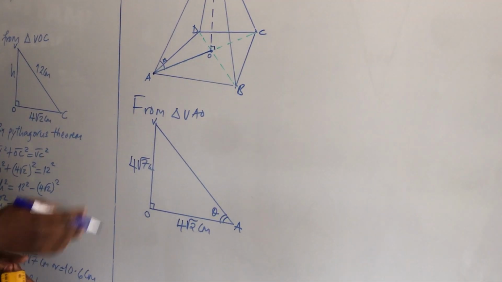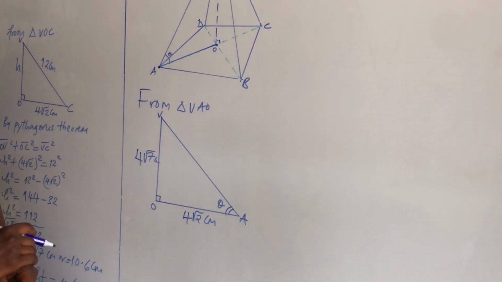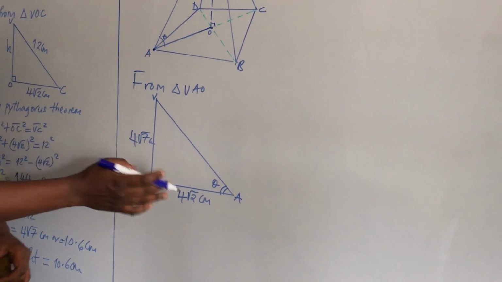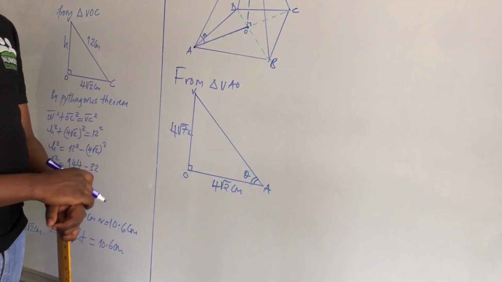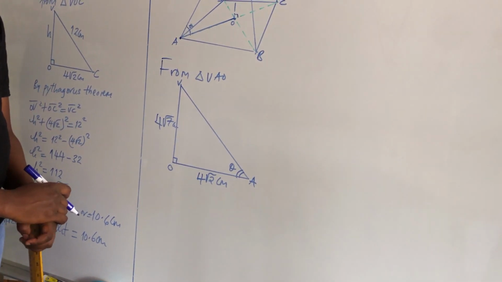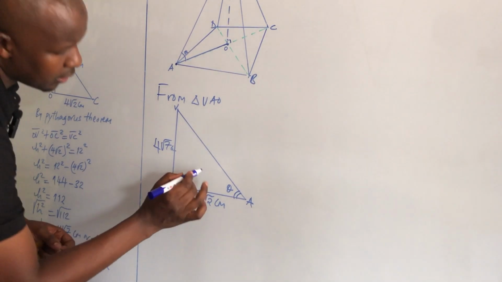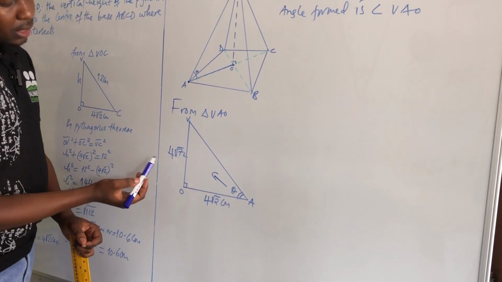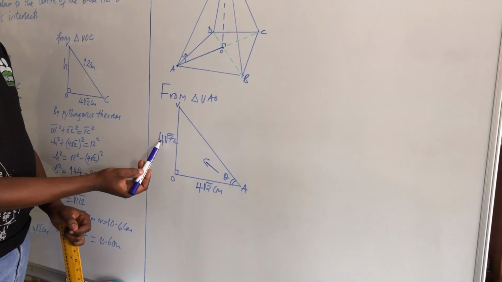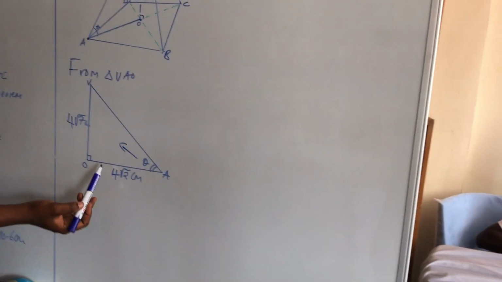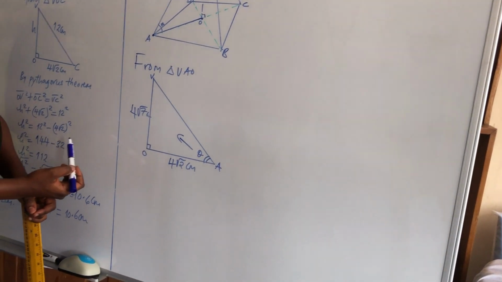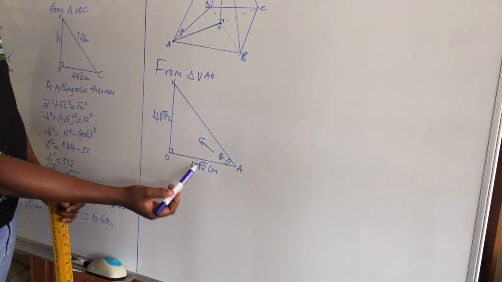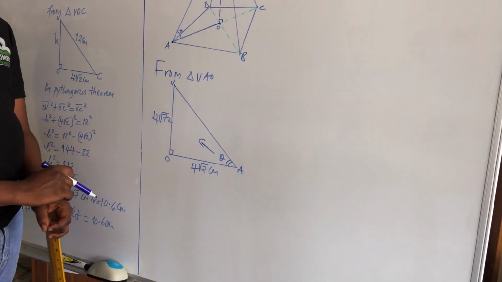Now, from this right angle triangle VOA, we have two sides which are known, and we have the angle. So we can apply the concept of trigonometric ratio, that angle theta here is opposite to 4 radical 7 centimeters, and here will be the adjacent side. So opposite to adjacent, that is tangent.